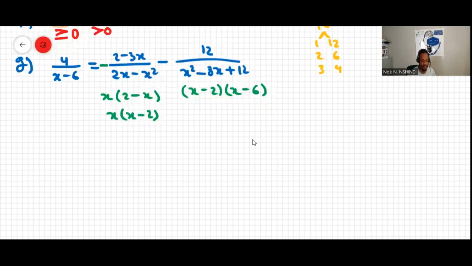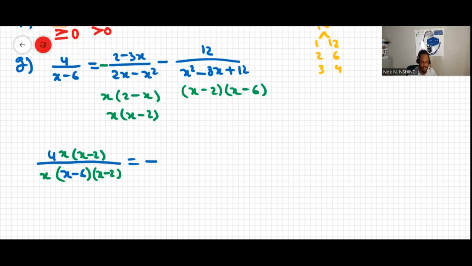So there we have 4 over x minus 6, we're going to change it to x times x minus 6 and then times x minus 2. So we're going to do the same also at the numerator, okay? Minus equal to minus.